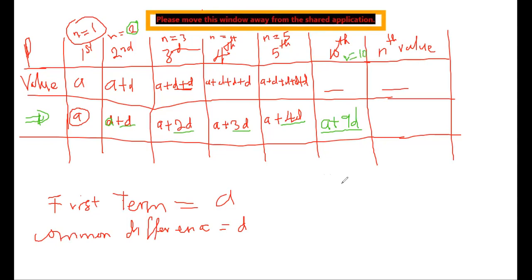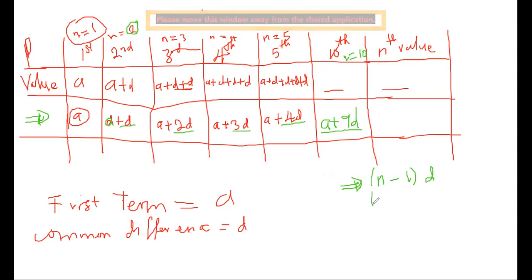So the relationship there is, from the n value we get n minus 1 and then multiply it by D. So for example, here n is 10, minus 1, times D. That gives us 9D.